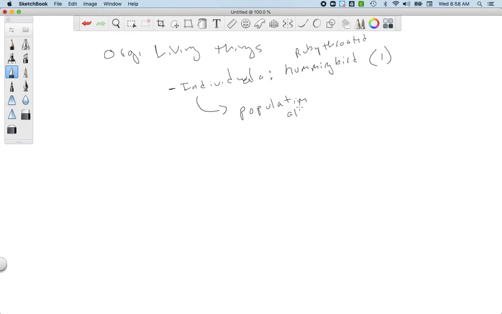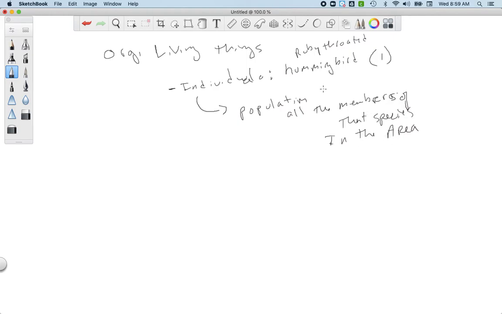So a population is all the members of that species in the area. And we'll define that area later on, but it's wherever you're working.